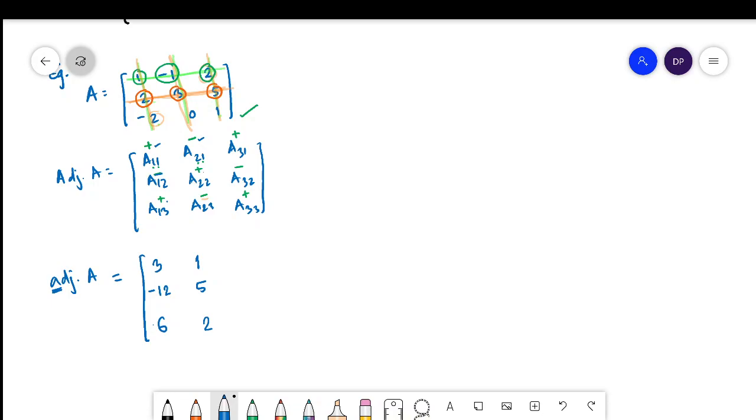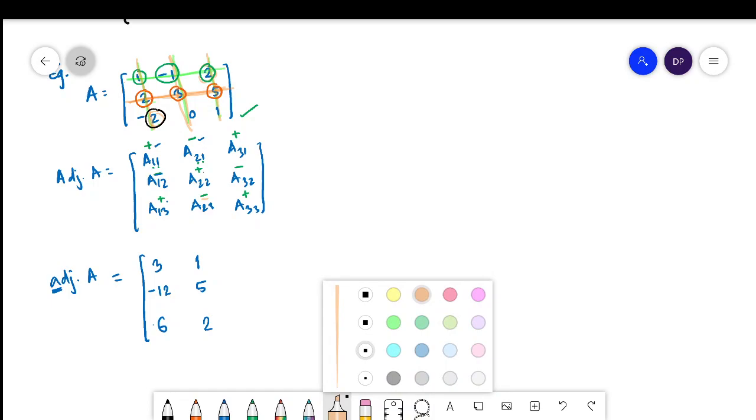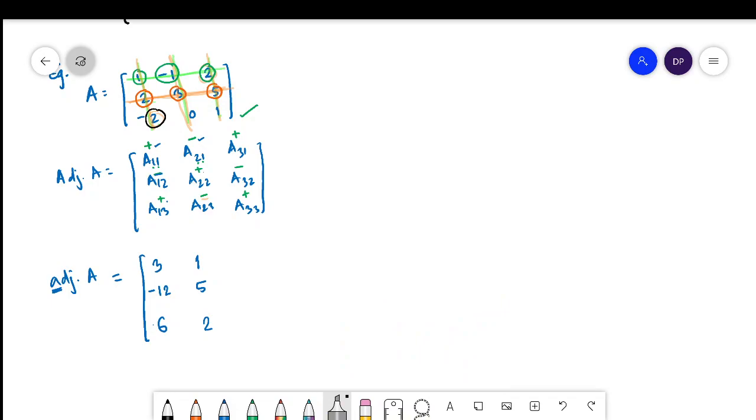Now, next, let's find the cofactor of this element. In order to find the cofactor of that element, let me use this color. You delete this row and this column and find the determinant of the remaining elements. So negative 1 times 5 is negative 5, minus 6 is negative 11.